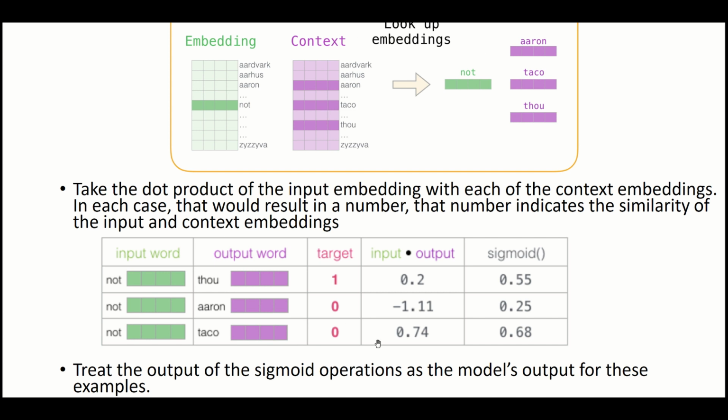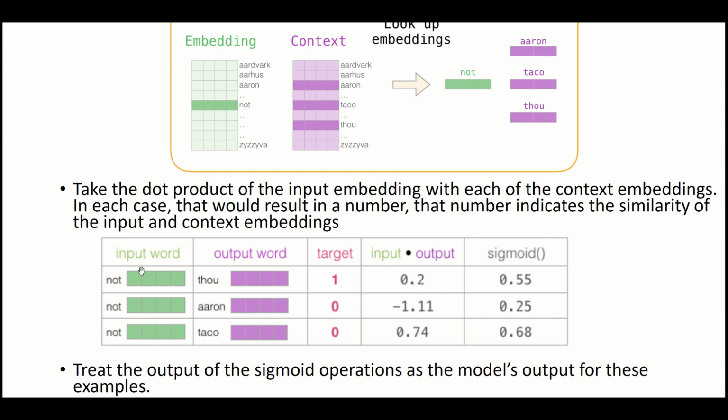We take the dot product of the input and output, and you get some values. Whatever value you get, you can convert it into a probability using a sigmoid or linear function.